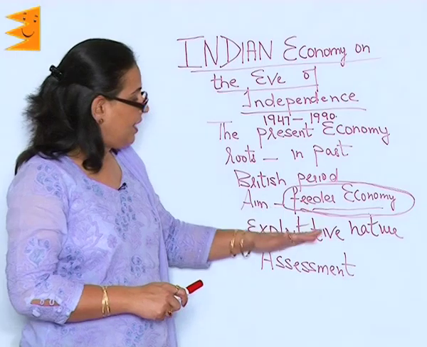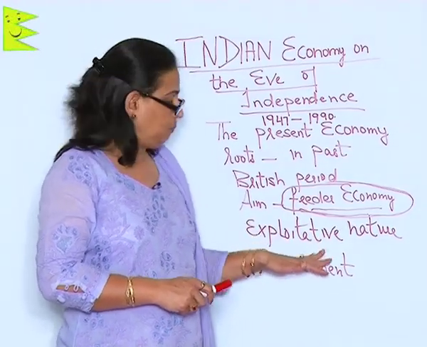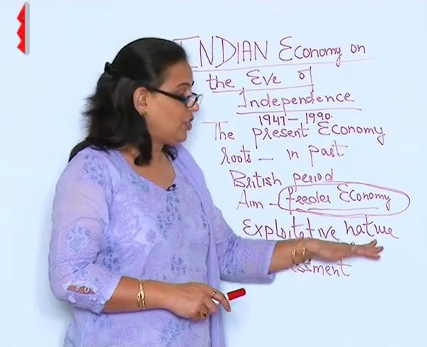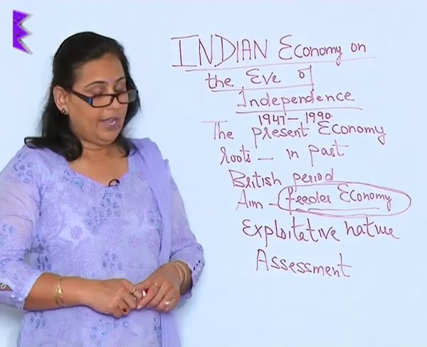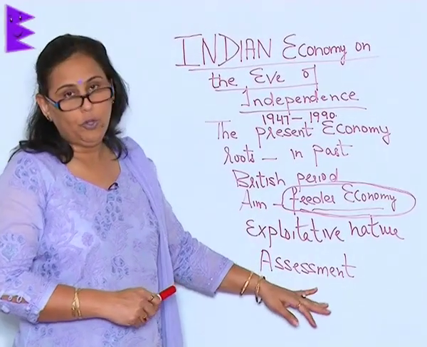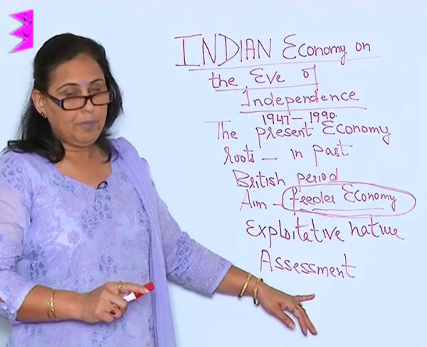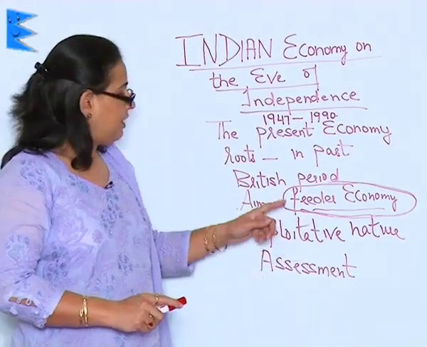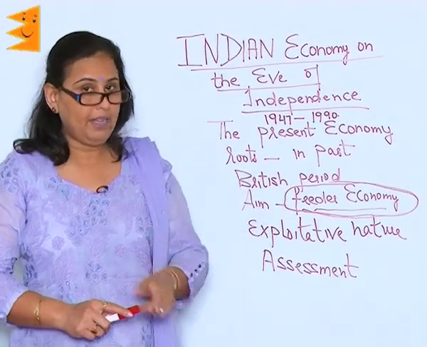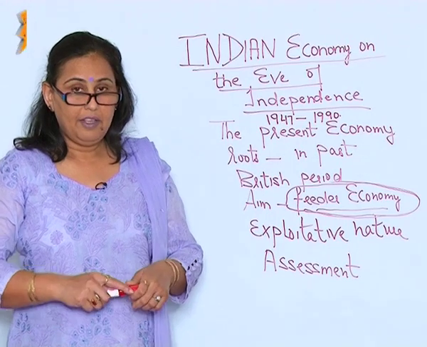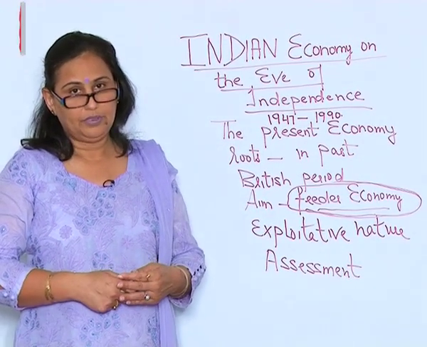So, when you read about the British period, you know that the Britishers were very exploitative in their nature, and the assessment which we do of the Indian economy as of today is based on the fact that we were exploited by the Britishers, and we were in fact doing everything for them.